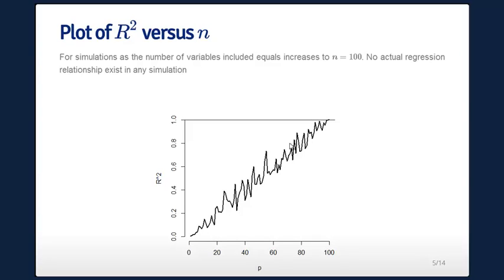That's why it's all kind of bouncy like this. So no actual regression relationship exists in any simulation, right? I'm just putting random noise into a response, and you see as you get up toward 100, you're guaranteed to get 100% of the variation explained in the y's.